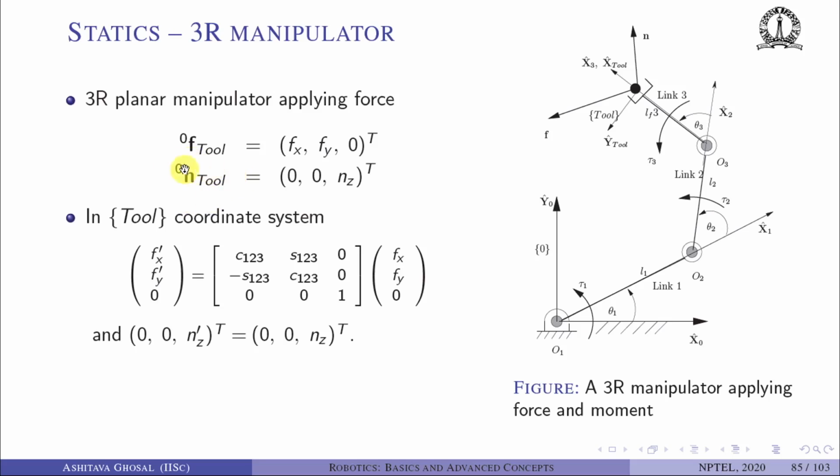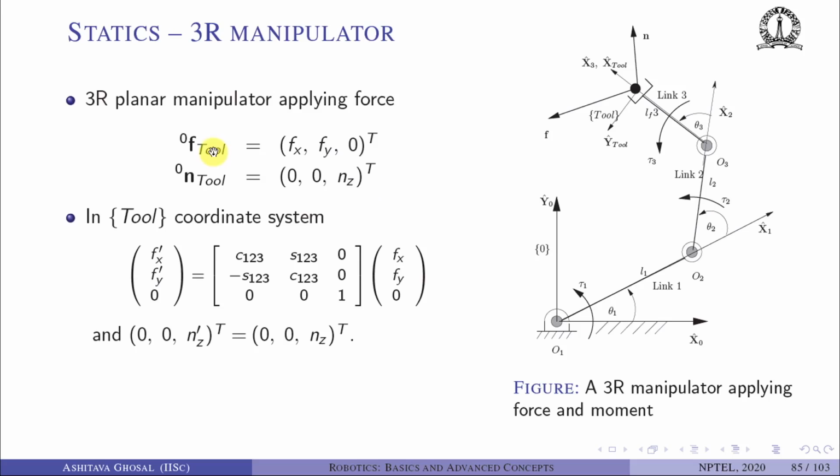It is also applying a moment about the environment. So you can think of it as carrying a wrench and it is trying to tighten a nut, for example. And again, the moment is only along the z-axis. The x and y components are 0.